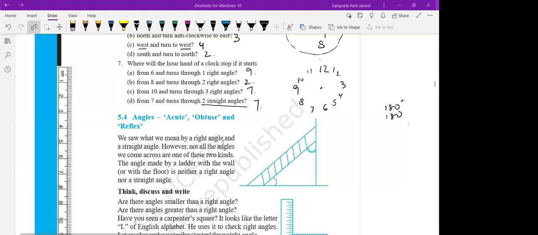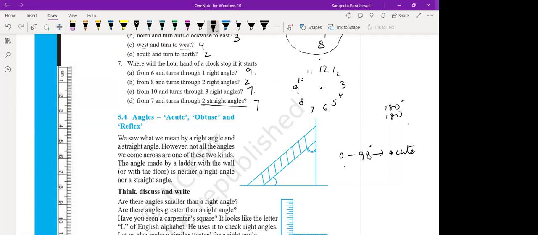Now, angles: acute, obtuse, and reflex. Just now we discussed reflex angle. Angles lying between 0 and 90 degrees are all acute angles.